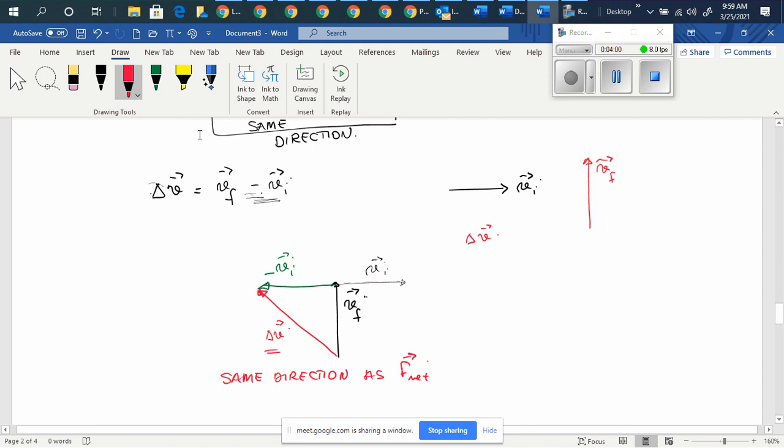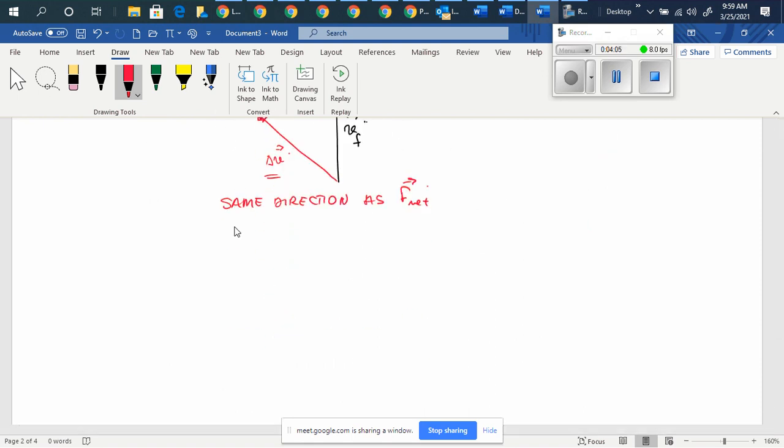Okay, so now this product of mass times the change of the velocity is known as the change in momentum, because we saw that momentum is mass times velocity, and now that we have a change, we can say that this is the change in momentum, or in other words, the impulse.